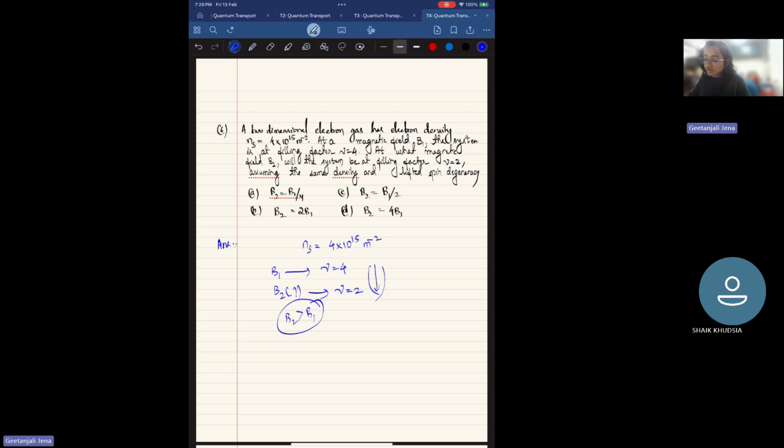Now to know the exact relation between B2 and B1, you need to know the relation between the filling factor and the magnetic field. Can you please solve it quickly and let me know the answer? Given the electron density is the same and there is spin degeneracy, that means gs is 1.